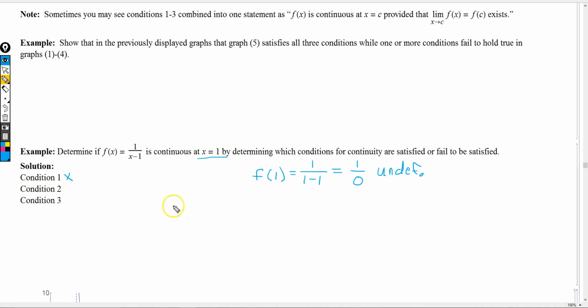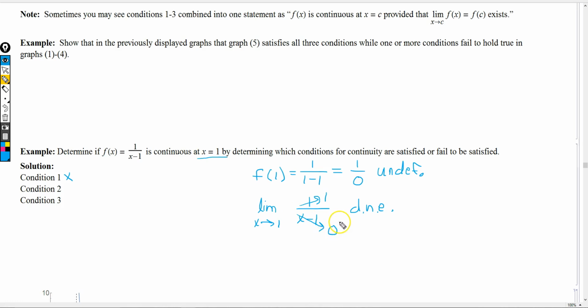Now let's just check the other 2 conditions. Well, certainly the limit is not going to exist either. Limit as x approaches 1 of 1 over x minus 1. Well, that's going to DNE, right? Because the top is approaching 1 as x approaches 1. The bottom is approaching 0.